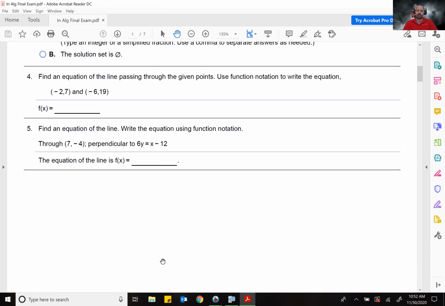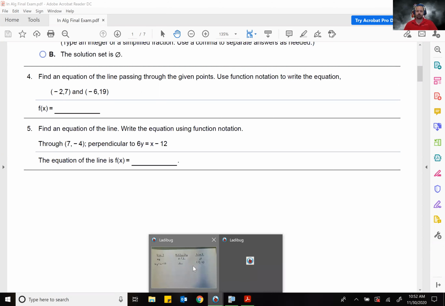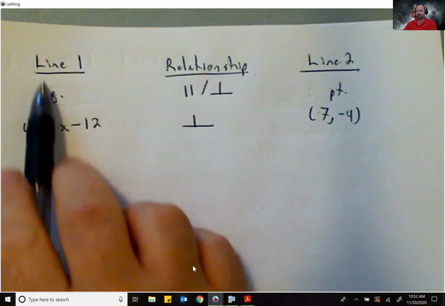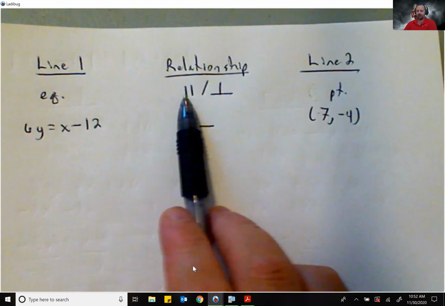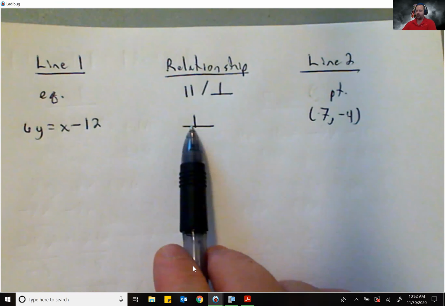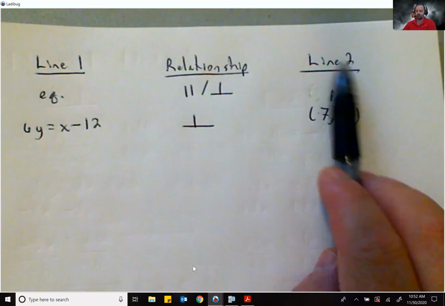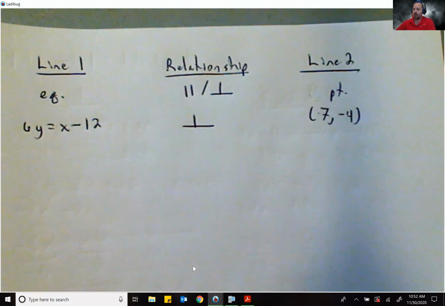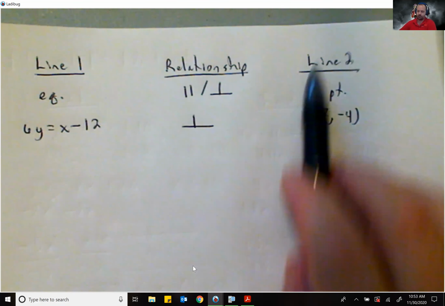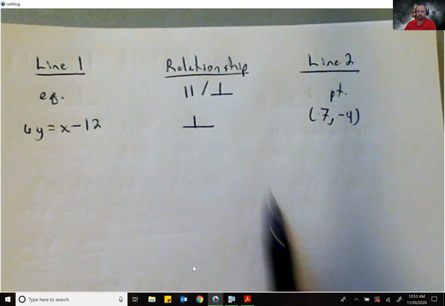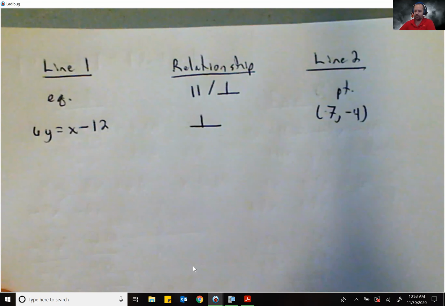So this is what it looks like. Your equation goes under line 1. There's a relationship. It's either parallel or perpendicular. Ours is perpendicular. The point goes under line 2. Our goal is to get the equation for line 2. That's what they want. So here's how we do this.